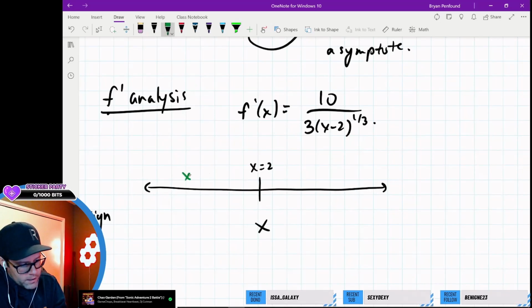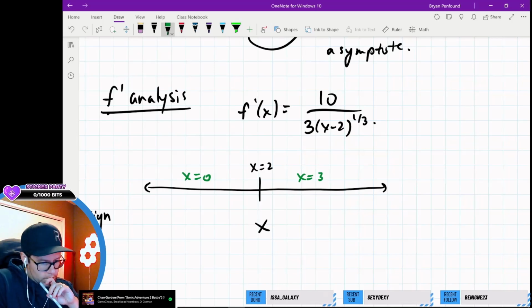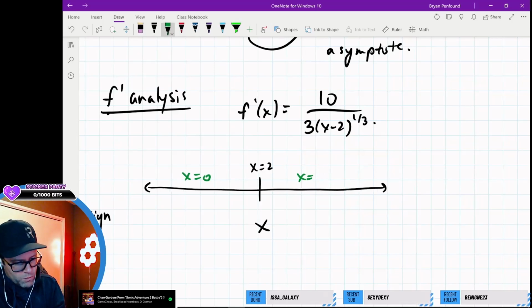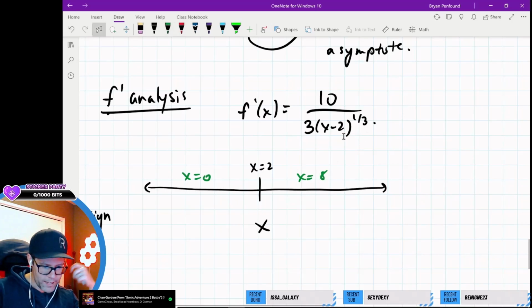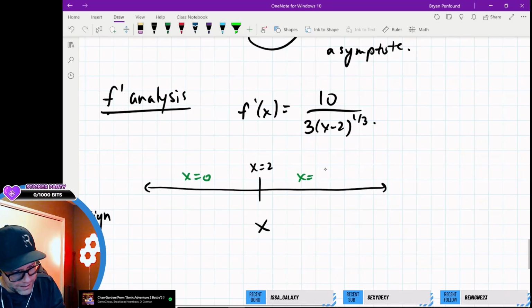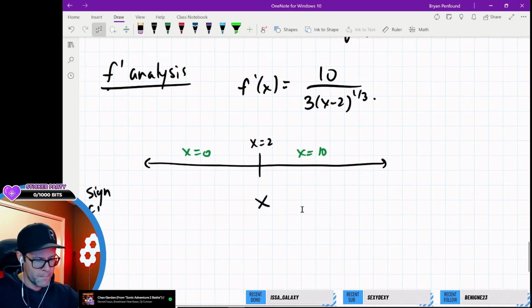Let's take x is equal to 0 and x is equal to 3. Why don't we take a nice cube number, like 8? No, let's take 10. 10 should work, right? That'll give me a nice cube number in there.